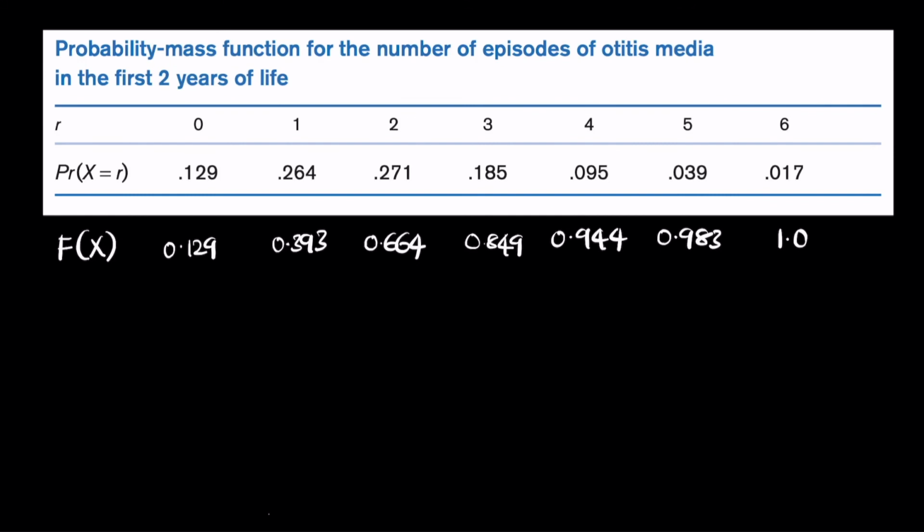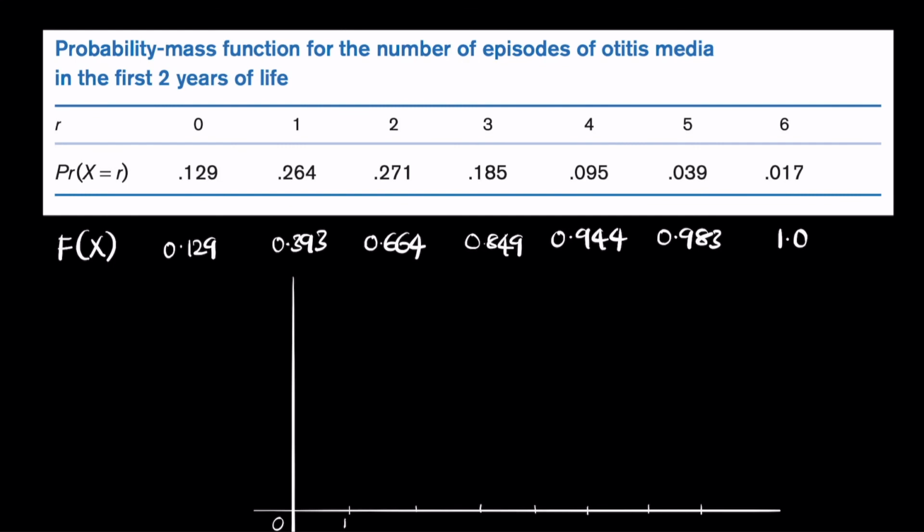So when you put it on a graph, on one scale we are taking the events, which is the number of episodes: 0, 1, 2, 3, 4, 5, 6.